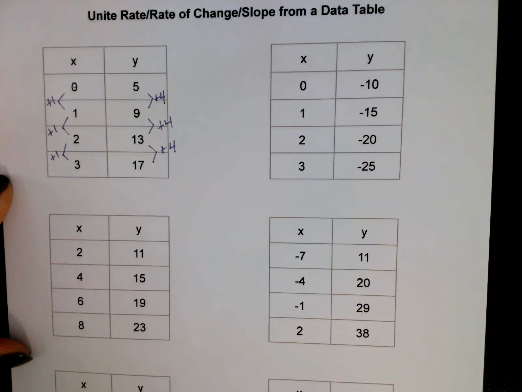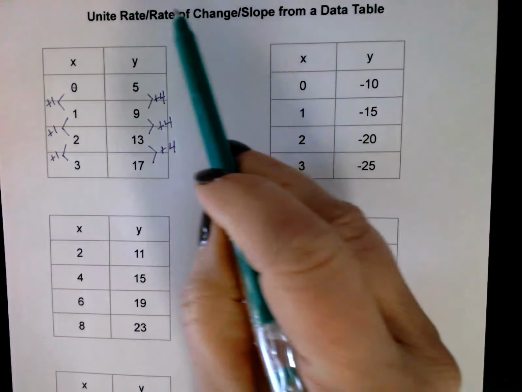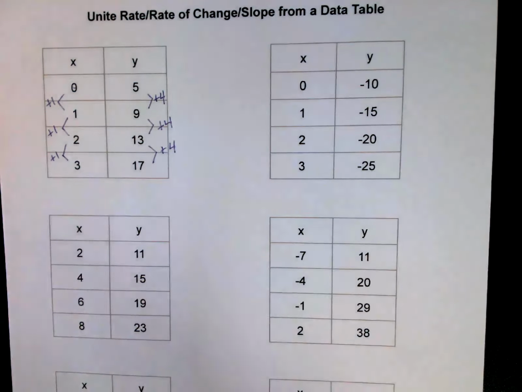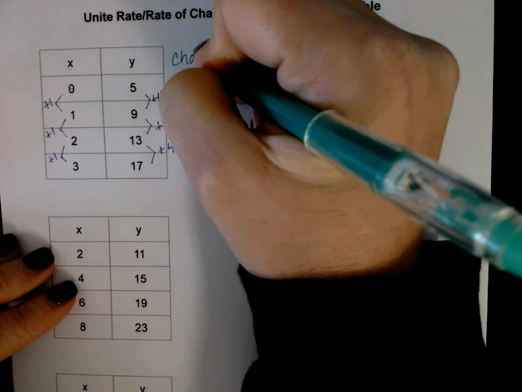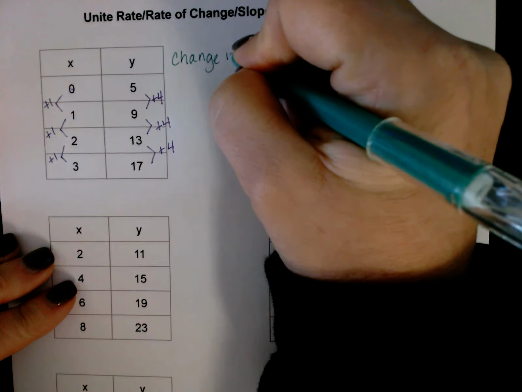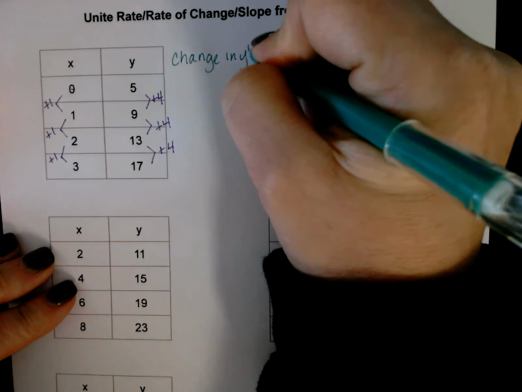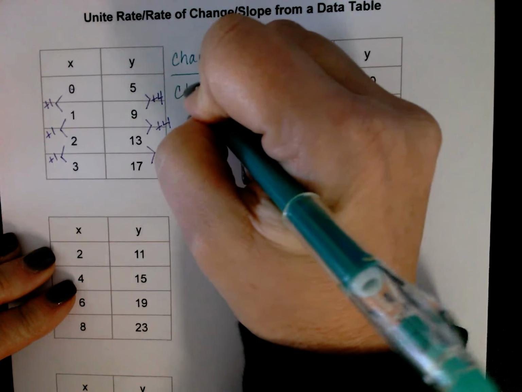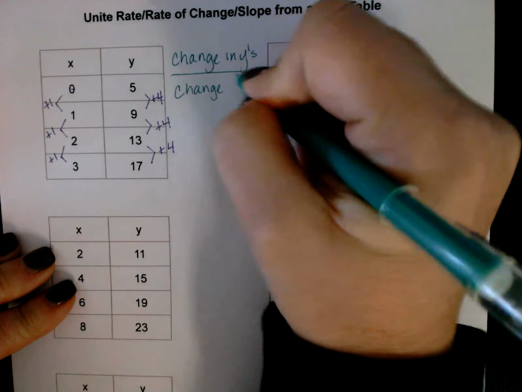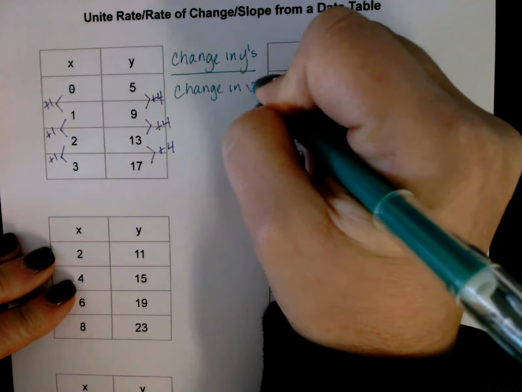To determine the rate of change, what's the unit rate? If we made up a story problem, we are looking for the change in y's, the outputs, over the change in x's.